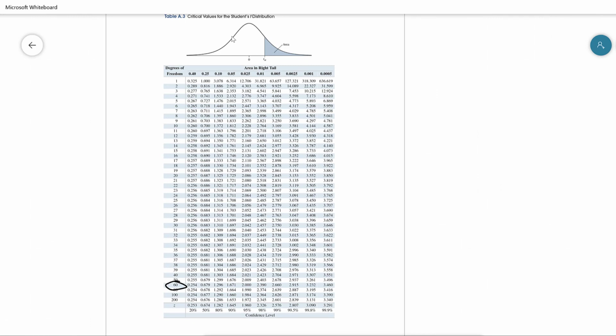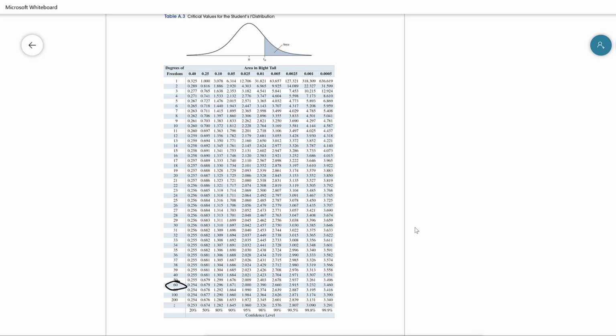So we need to use that symmetry idea that we've talked about this semester. I'm not going to be able to find areas in the left tail that are associated with the negative numbers. All of these numbers in here are all positive t-scores. So instead, I'm going to come over here and look at the mirror image. So instead of looking up t equals -2.727, I'm going to look up t equals positive 2.727. I'm going to look through this list and try to find that number.